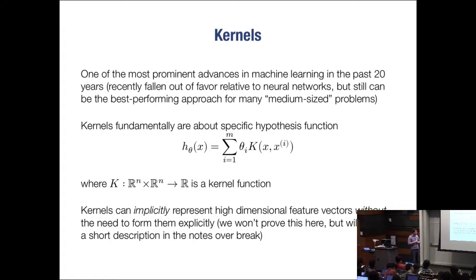It can represent classifiers exactly as if you used high-dimensional features, but without actually creating the features themselves, by doing it implicitly. I won't prove this here, because it takes a few slides. It's not that hard to show, but it is maybe half a lecture's worth. So I'm not going to cover that here, but I will put up some notes on that over the break.